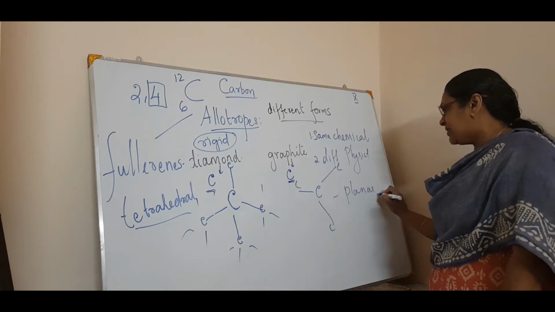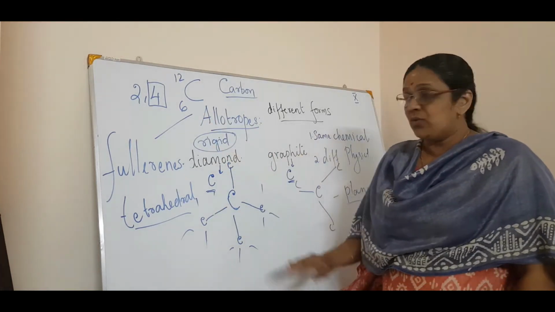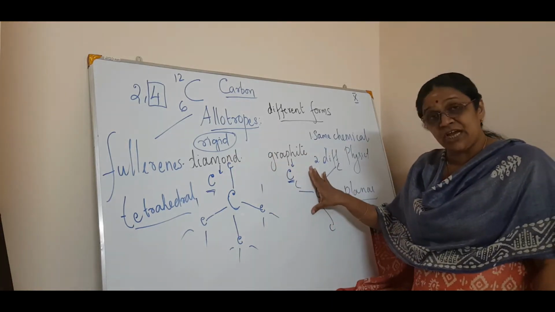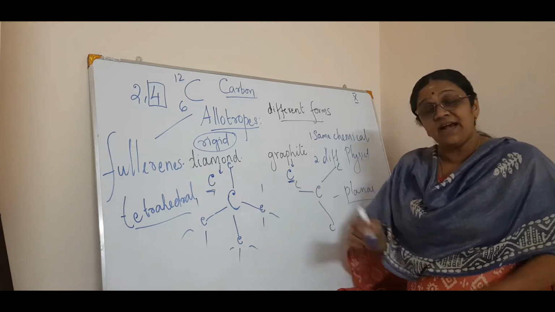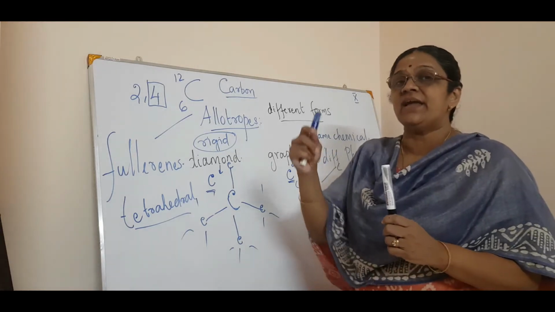What do you mean by planar structure? Planar means we can draw it in an XY plane, in the shape of graphite. But tetrahedral means a 3-dimensional structure, isn't it? You cannot draw it in an XY plane.